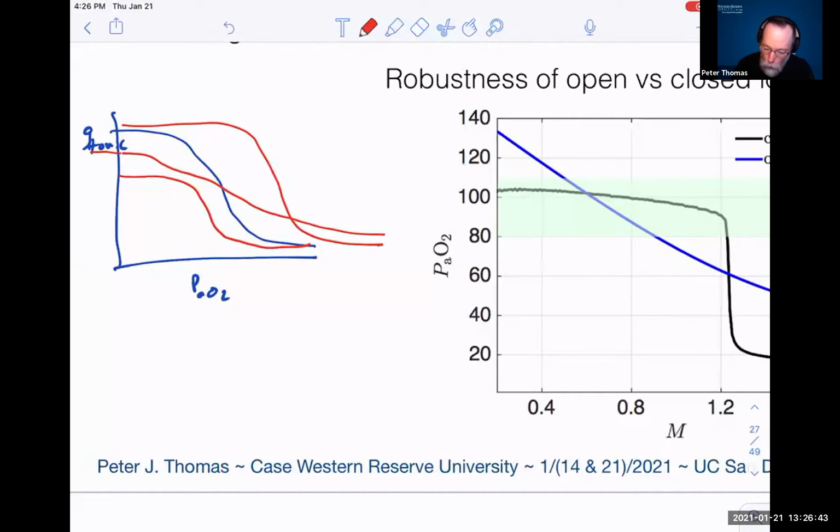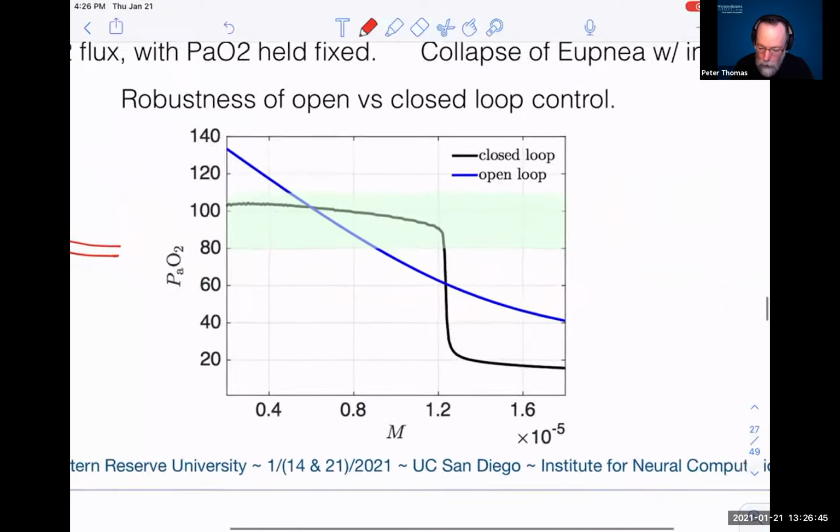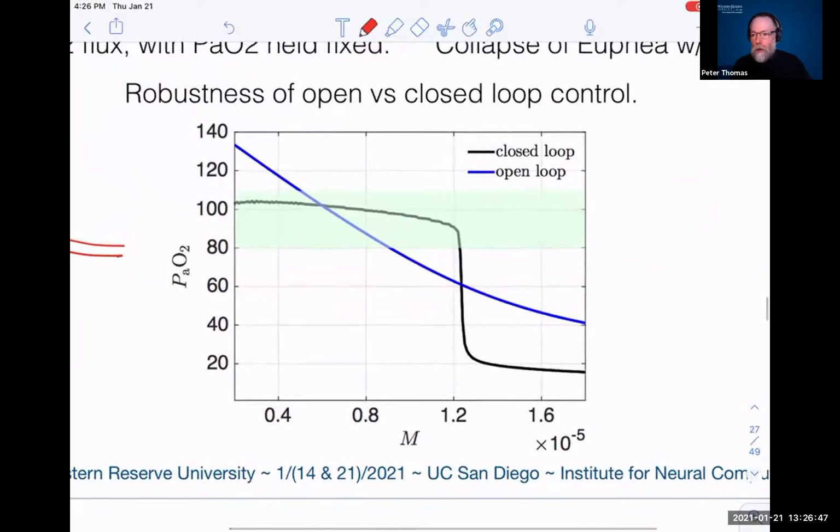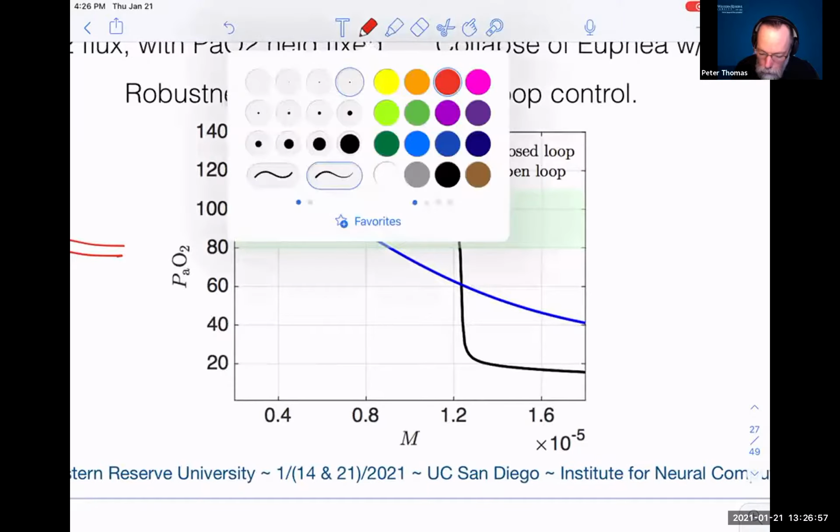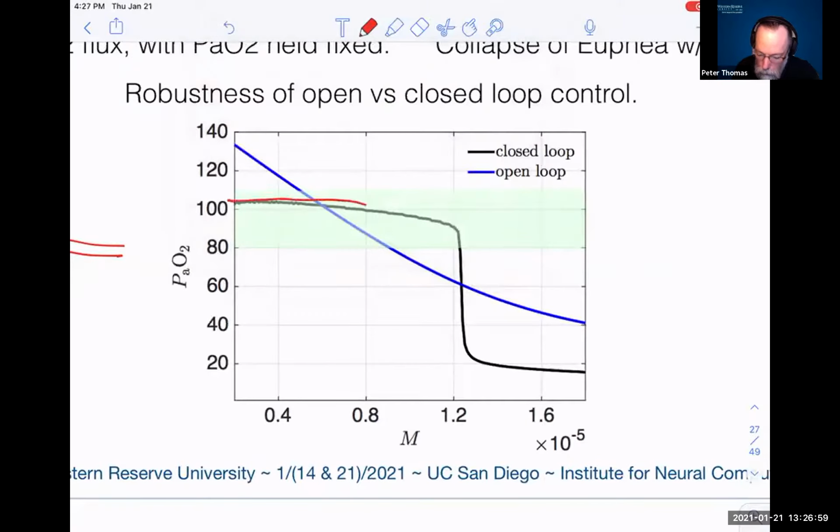So we've been playing around with this and asking, what happens if we change one of those in the model? And so far, we've been able to find changes that will either accelerate or delay the collapse.